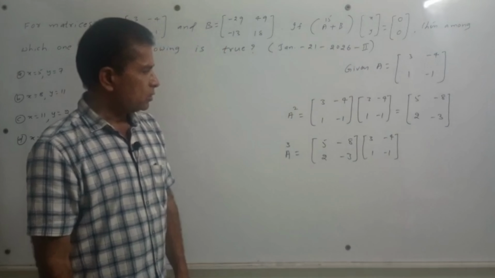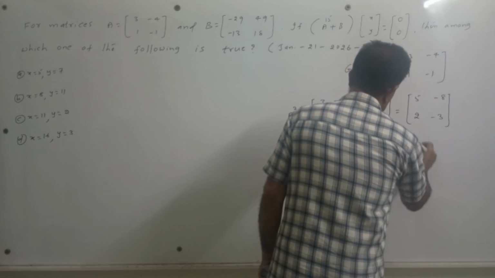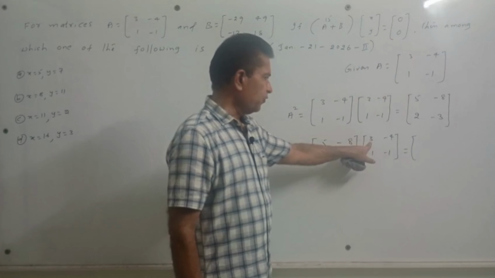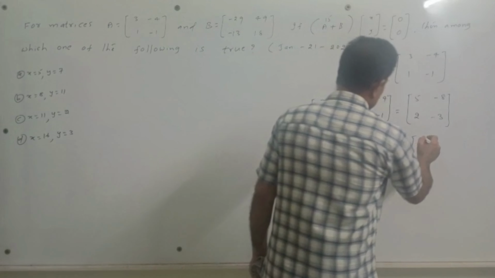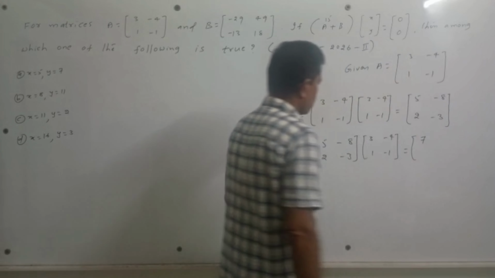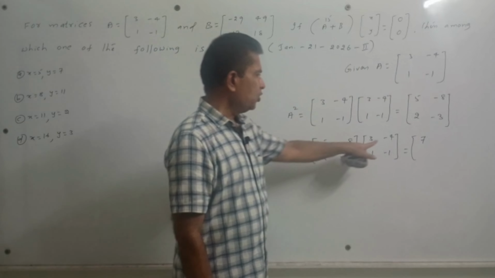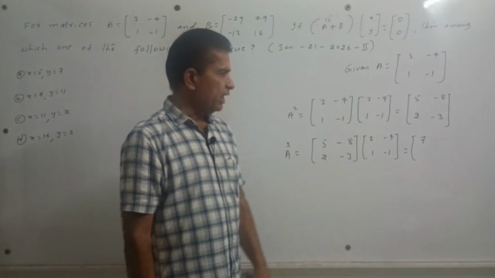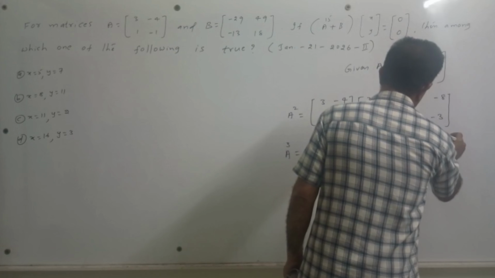See what is the product of these two matrices now. So this is equal to 5 into 3 becomes 15, 15 minus 8 becomes 7. This is the next element. 5 into minus 4 becomes minus 20, minus 20 plus 8 becomes minus 12.